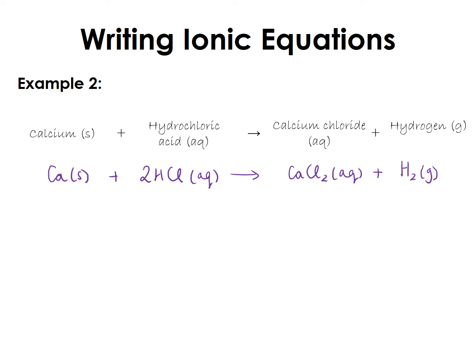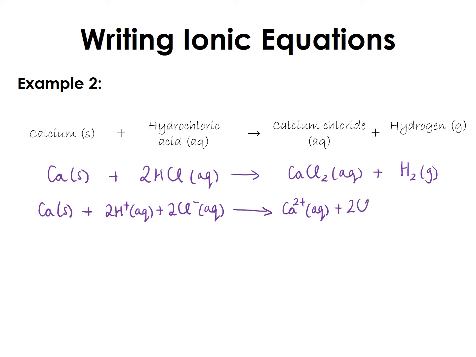So underneath, calcium solid, no dissociation to deal with there. 2 H+ ions and 2 Cl- ions from the 2 HCl which dissociates. A Ca2+ ion and 2 Cl- ions from the CaCl2, which dissociates, and H2 gas, which is molecular, does not dissociate.